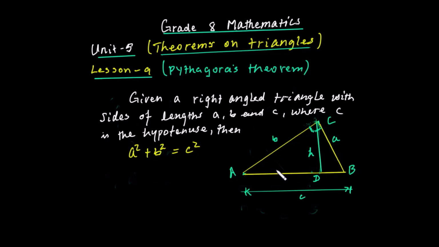Let AD be x and DB be y, so x plus y is equal to c. Note that x plus y is equal to c. So the altitude subdivides the hypotenuse, and we put a perpendicular mark here.